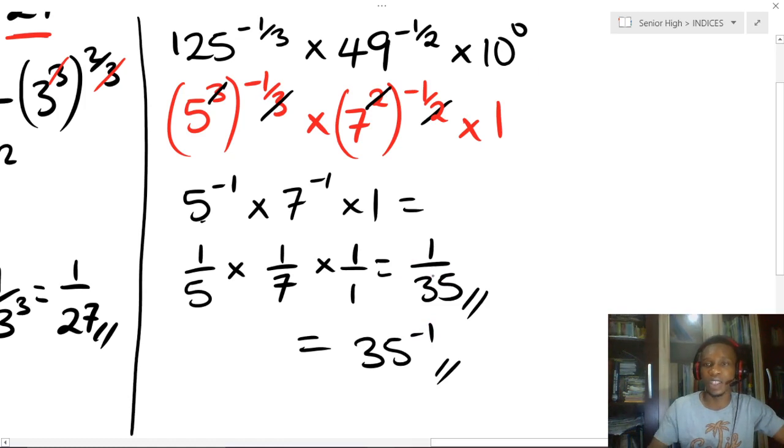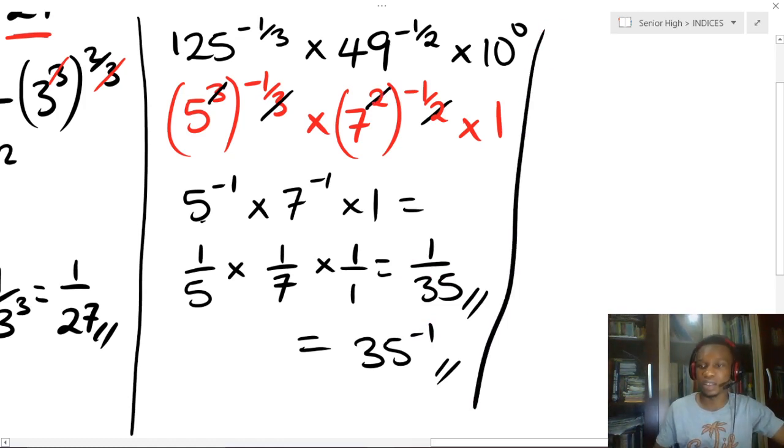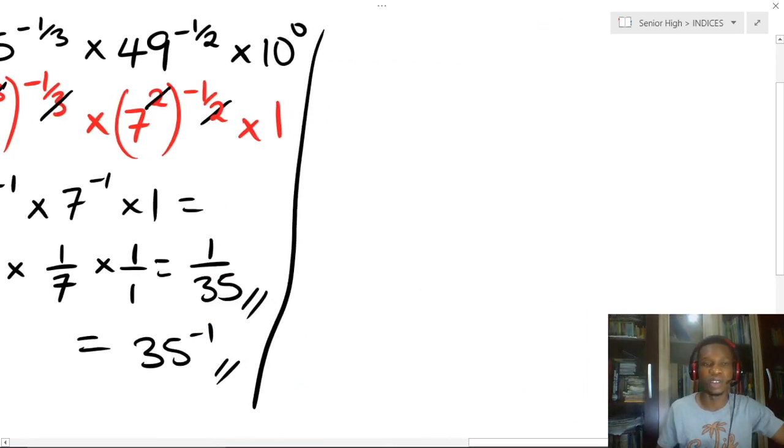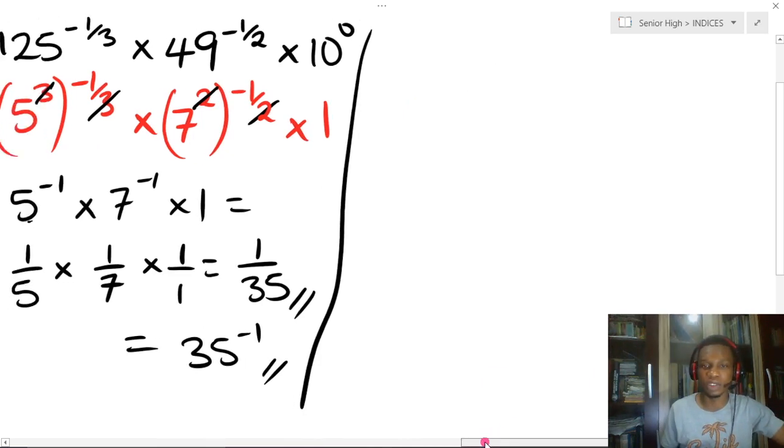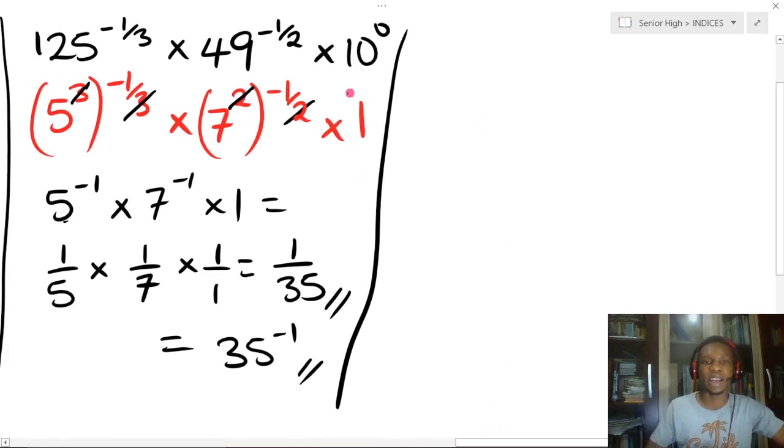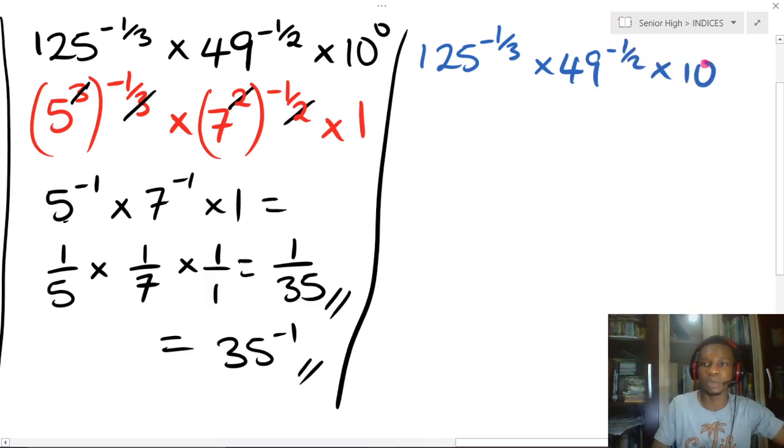Another way of solving it, as I told you, is that, let me move this screen. Let me bring out this question again. I have the question here: 125 raised to the power of minus 1 over 3, times 49 raised to the power of minus 1 over 2, times 10 raised to the power of 0.